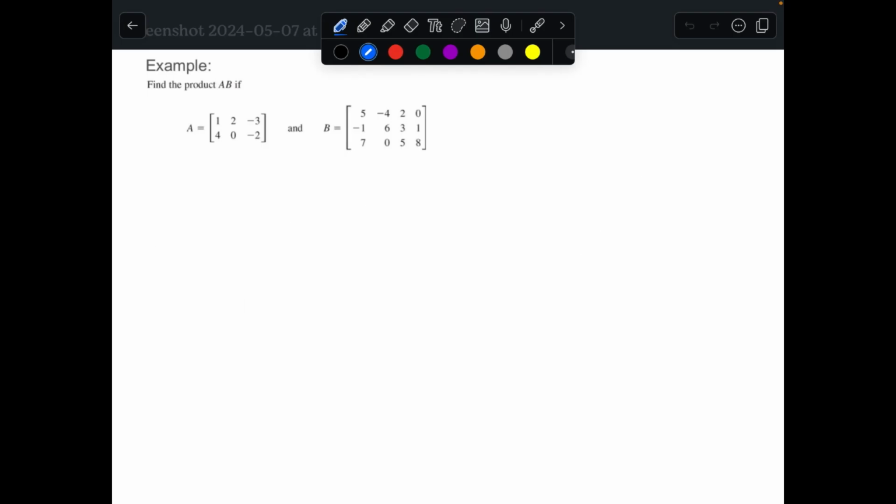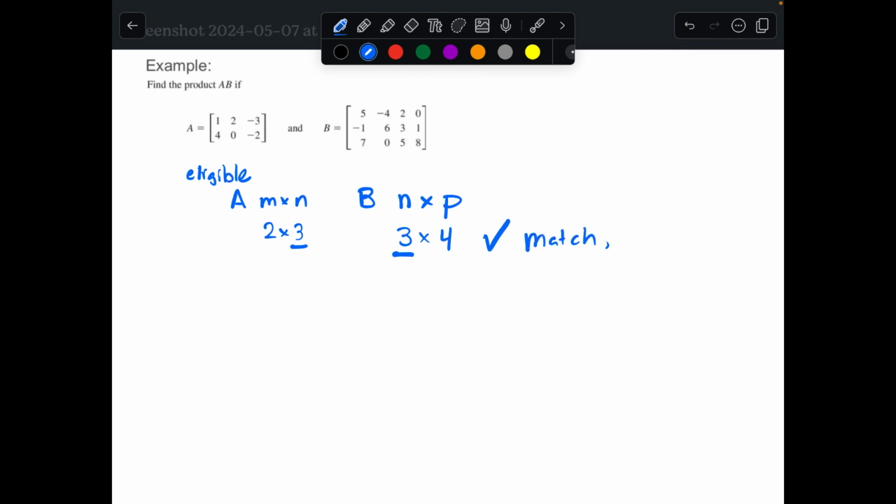First of all, you have to check that it's eligible to multiply these 2 matrices. You'll notice here that matrix A is 2 rows, 3 columns, and matrix B is 3 rows, 4 columns. The inner terms, the number of columns in A and the number of rows in B, must match. We can multiply.